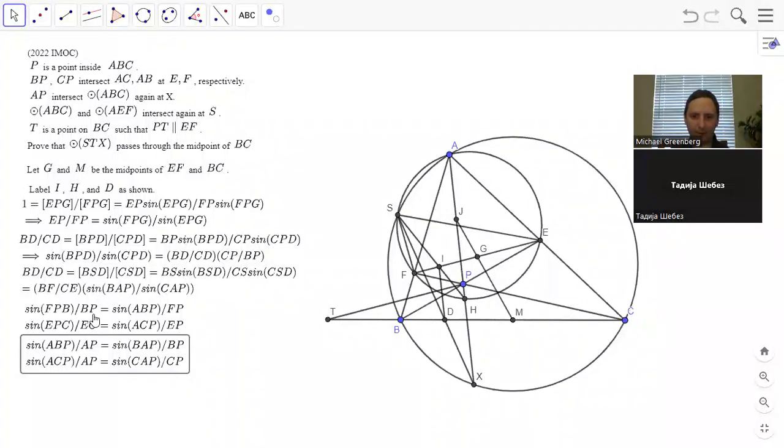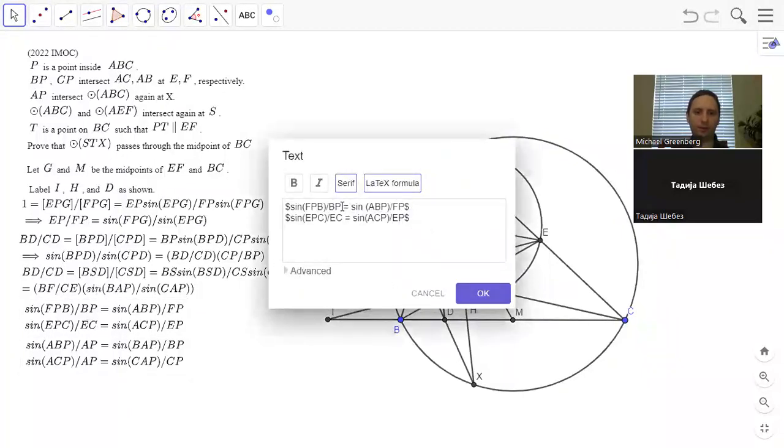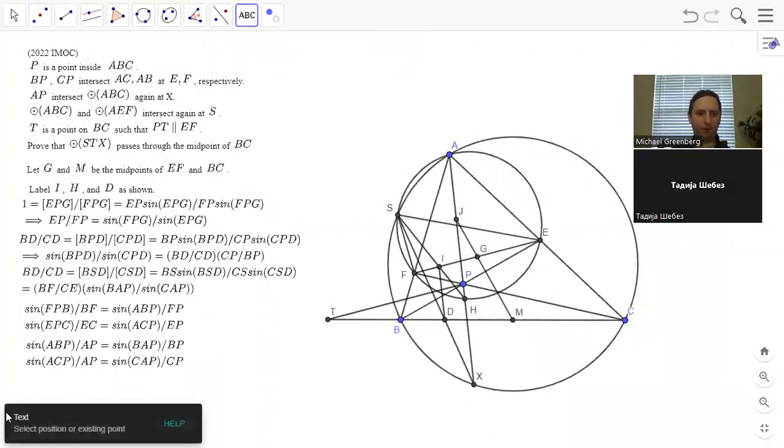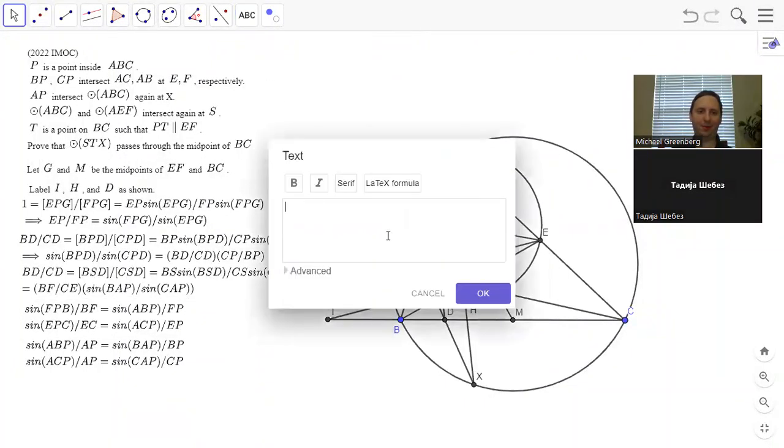So FBP. This should be sine FPB. Oh, this should be BF. Yeah. So I'm just gonna assume it works because I'm lazy.